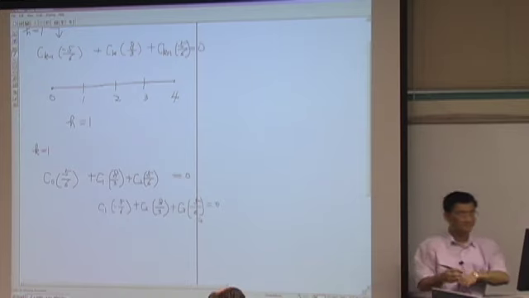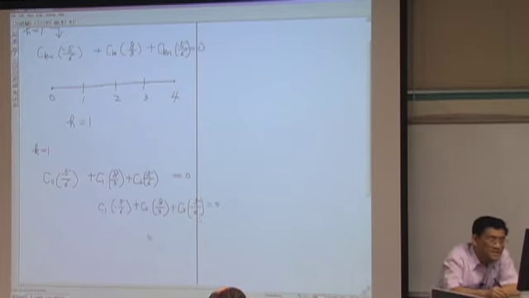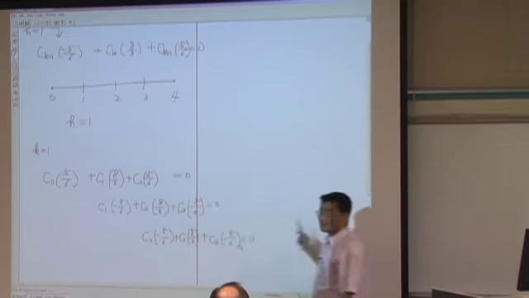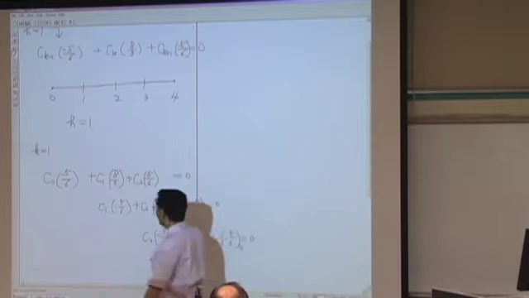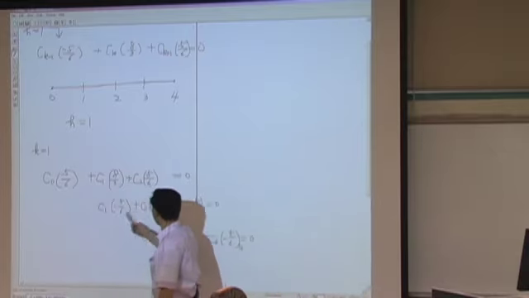And then finally, C2, minus 5/6, and then C3, 8/3, and then C4, minus 5/6. Right? So by solving this system, we may be able to find the C0, C1, C2, C3, C4, right?